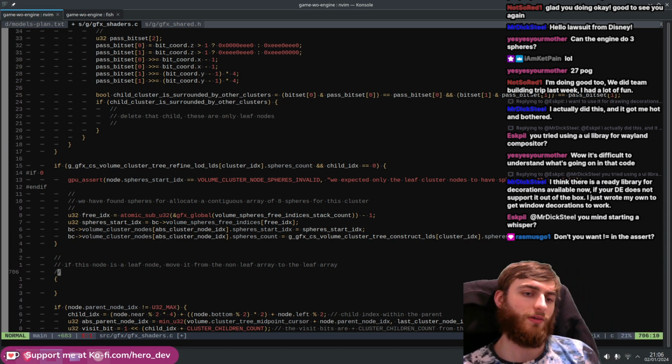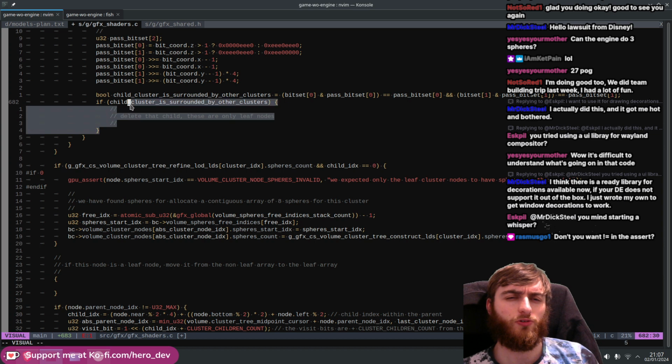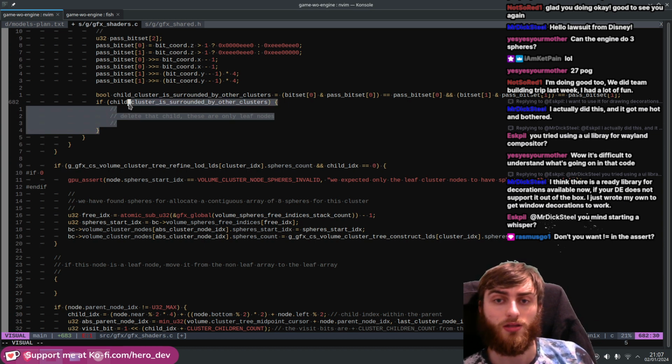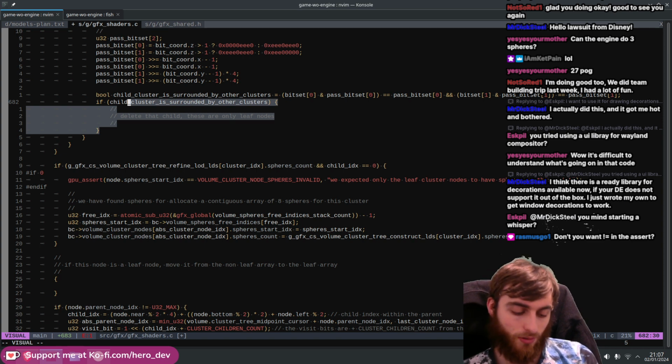Whereas these guys here, you've got a node and you're going up the tree, and what you're saying is, maybe you've deleted all the children, because you've figured out that all of those children cluster nodes are all surrounded by other clusters, which can happen quite a lot.